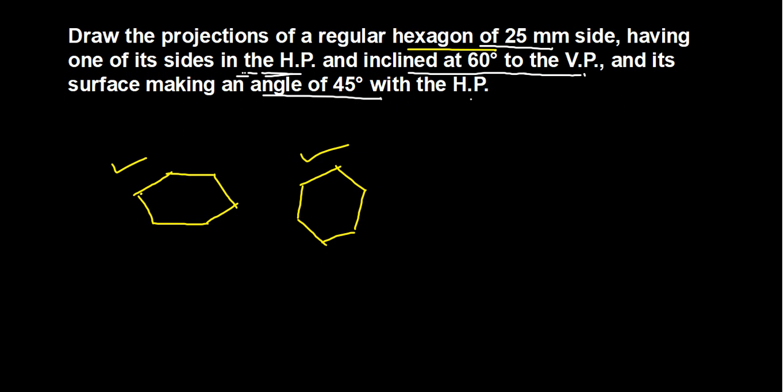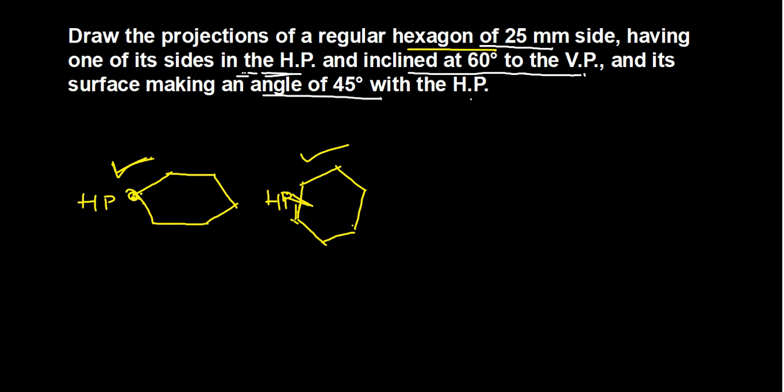So these are the 6 sides, and any one side is in the HP. This other position can be used when one of its corners is in the HP, that time you should use this position.